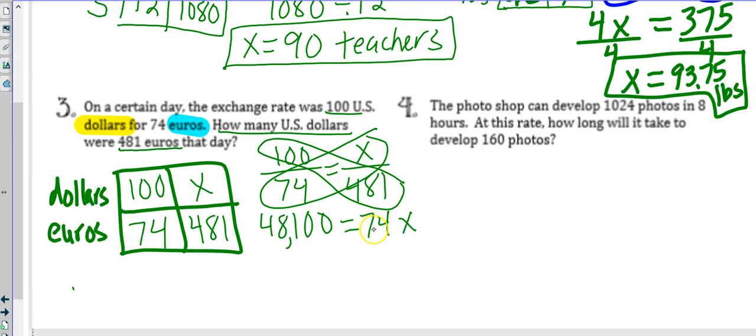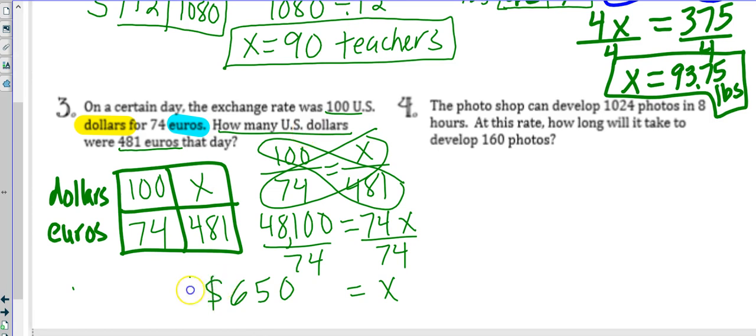To figure out x, 74 times something is equal to 48,100. I'm going to divide both sides by 74. And now I can get my solution. 48,100 divided by 74 is going to be equal to 650. And how many dollars? That's $650.